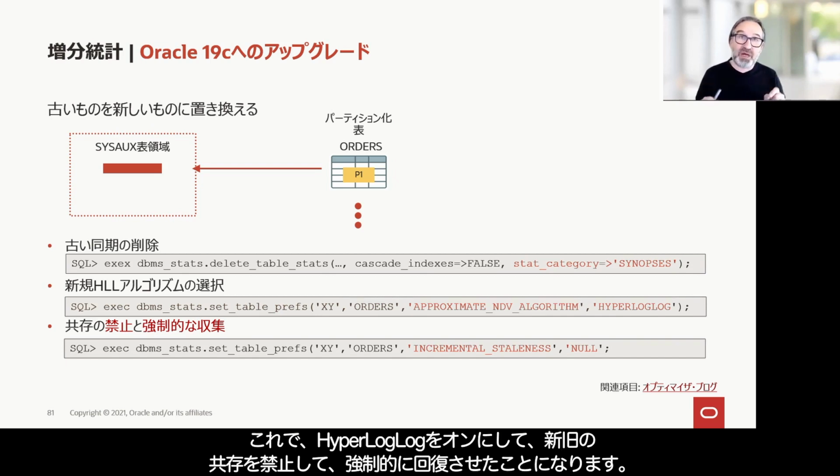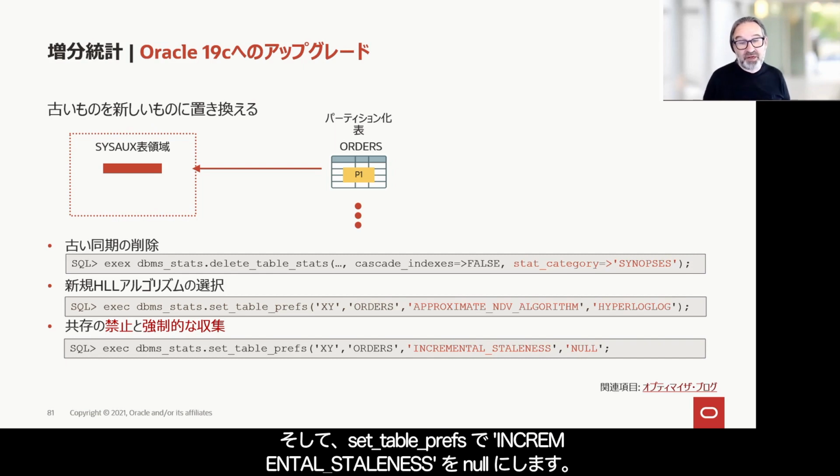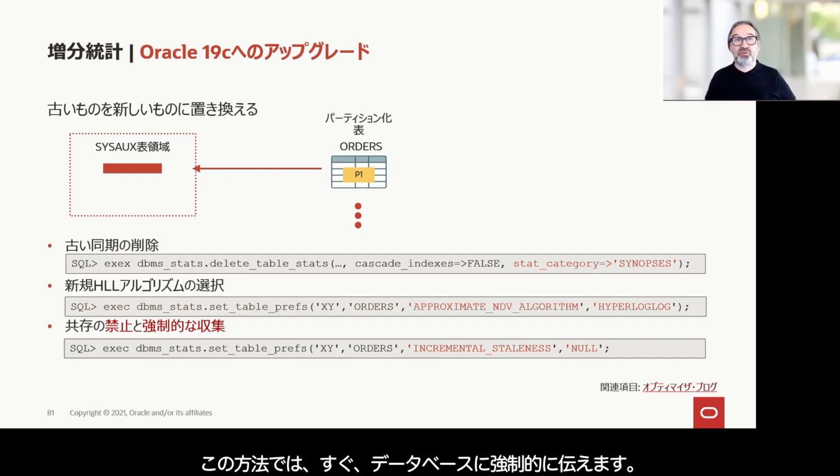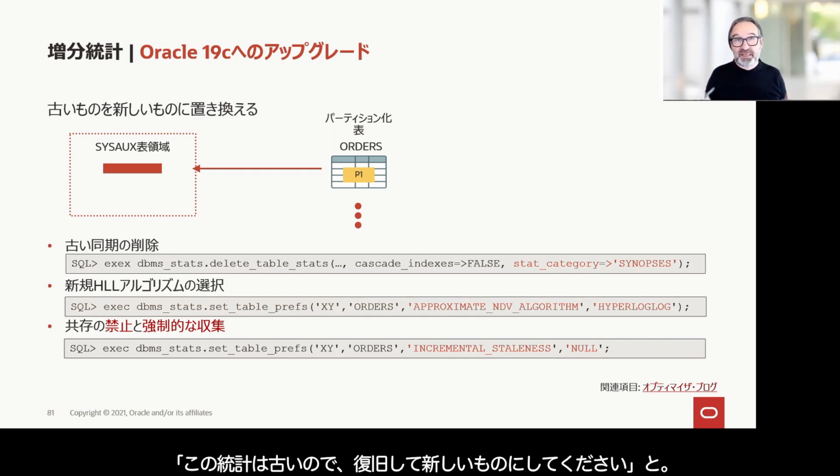Now you turn on HyperLogLog. And then you disallow the coexistence of old and new and you force a regathering, and you set the table prefs to INCREMENTAL_STALENESS null. Change it later on again, once it's done. But this way you force the database to tell it, okay, these statistics are outdated, you need to regather them. And then you get the new ones.